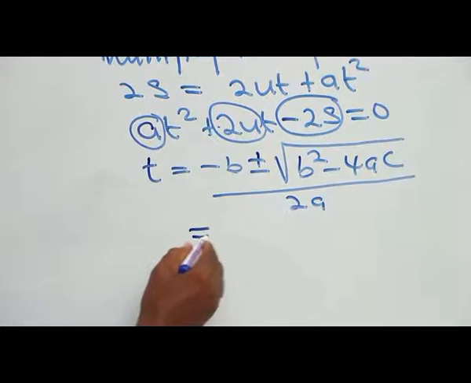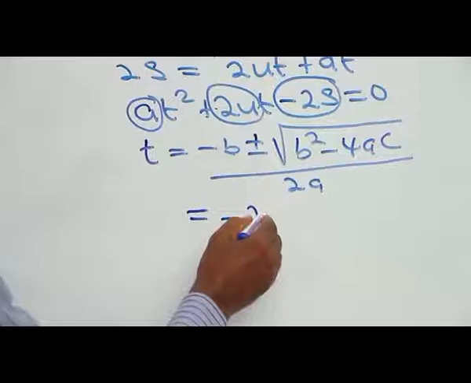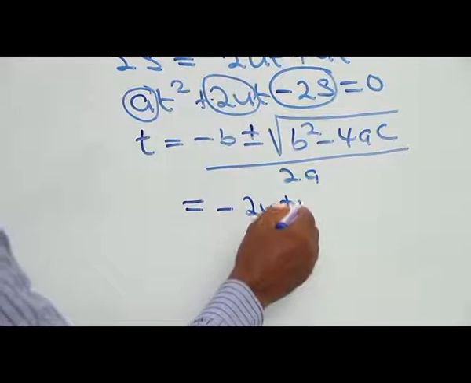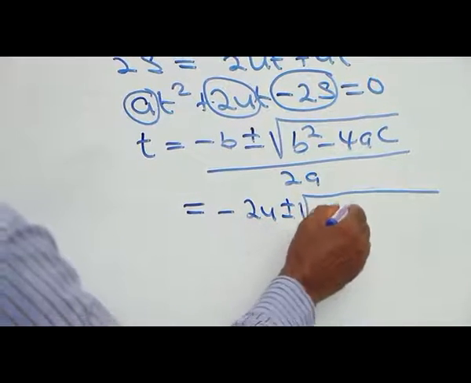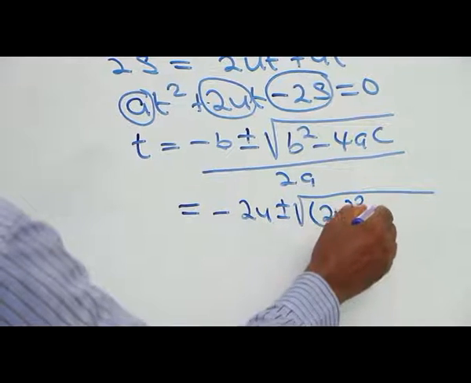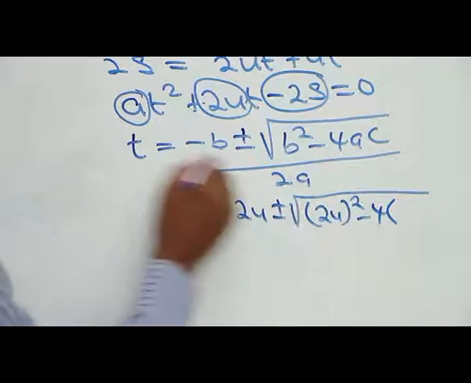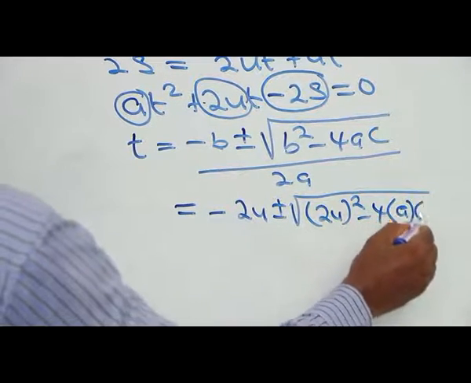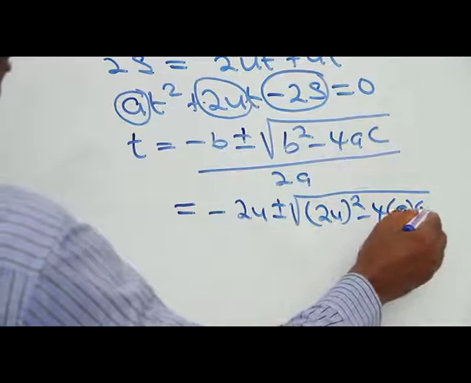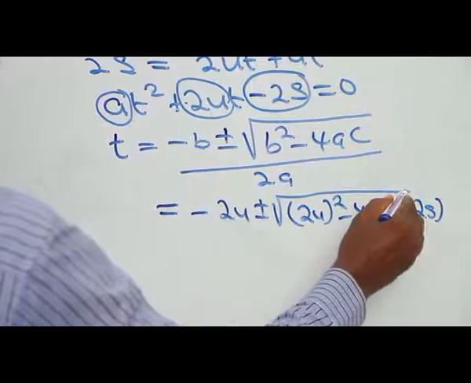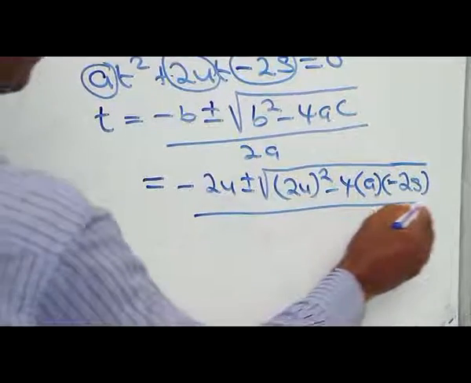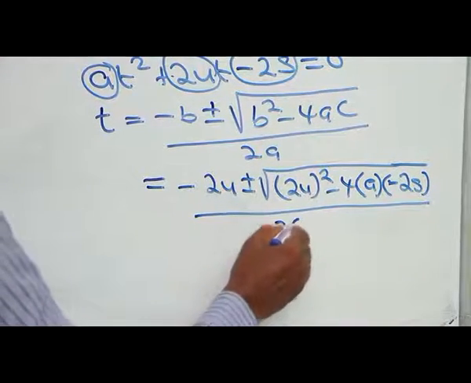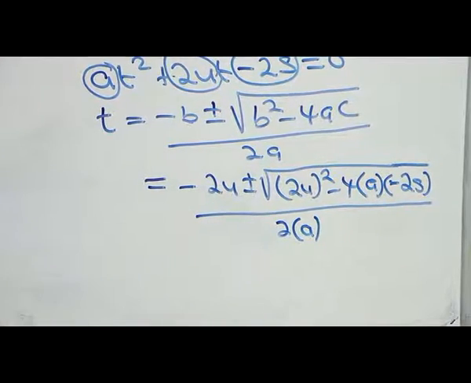So this becomes minus 2u plus or minus the square root. Our b is 2u, we square that, then minus 4, our a remains as a, and then our c is minus 2s. We'll close that, and everything here will be divided by 2a.